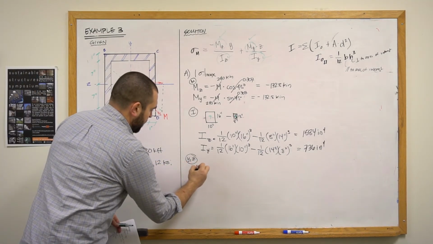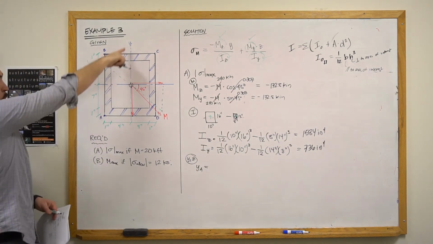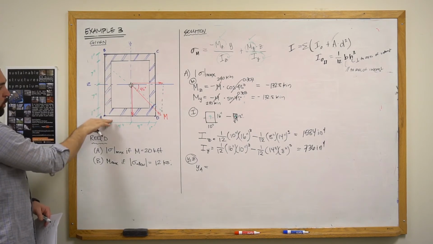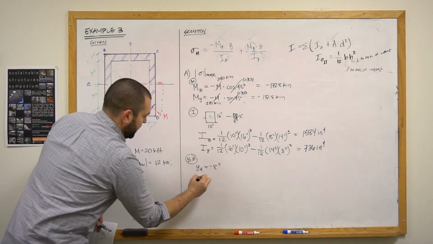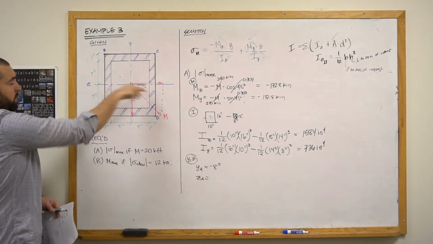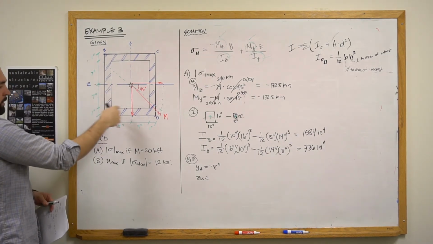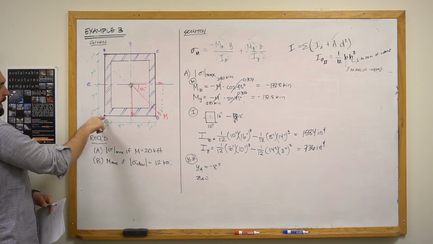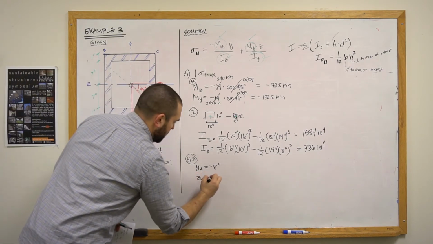So Y of A is simply the Y coordinate of point A. Now this is on the negative Y side, and it has a coordinate then of -8 inches. The Z coordinate of A is the horizontal coordinate of A. It's on the positive Z side, and it has a positive Z coordinate of 5 inches.